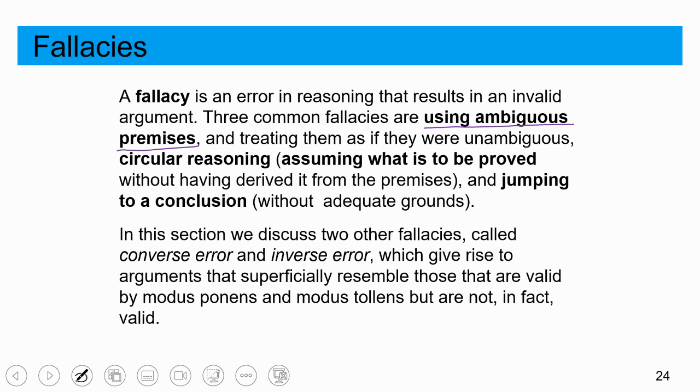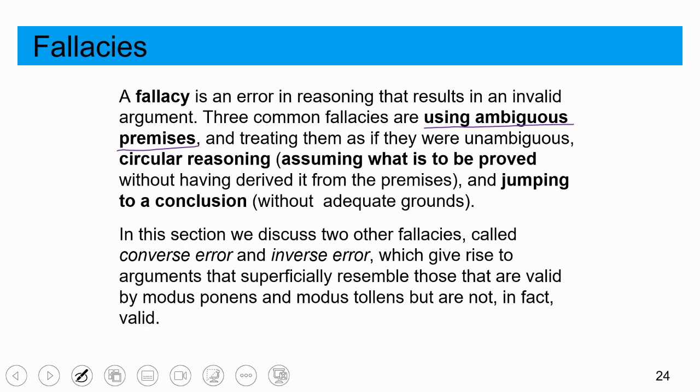How can we define this? So ambiguity is one common fallacy, and of course, treating them as if they were unambiguous. Also, circular reasoning, assuming what is to be proved without having derived it from a premise, and also jumping to a conclusion without adequate grounds.